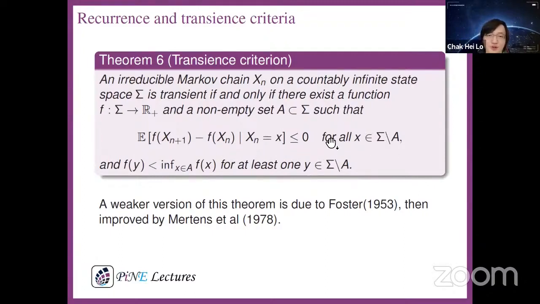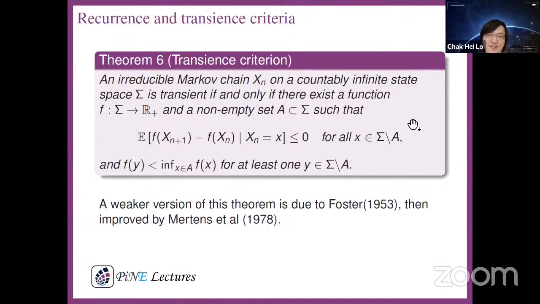Because this condition is different, most of the time, if we want to prove something is transient, we need to take another function. So this function most of the time is different from the one that we use in the recurrence criterion.